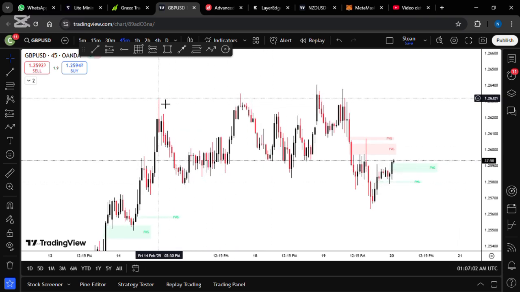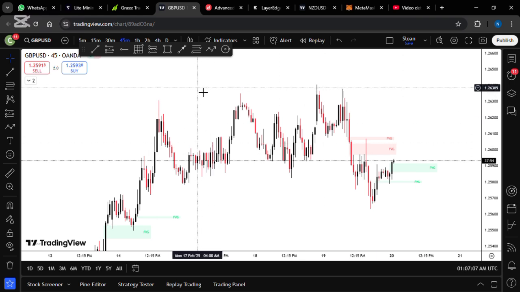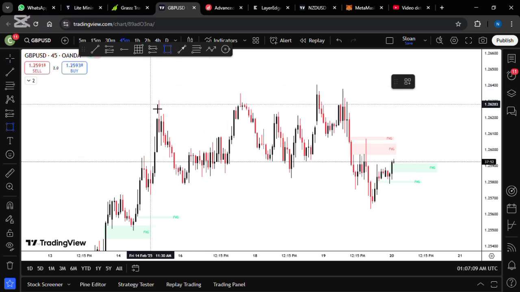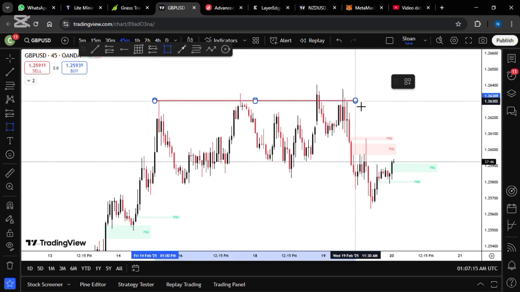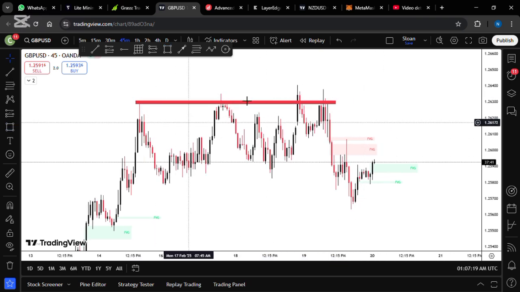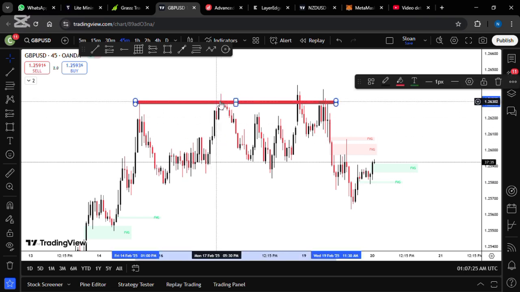If you look at this zone, you see that the market has been retesting this area for quite some time, and also retesting the area below.